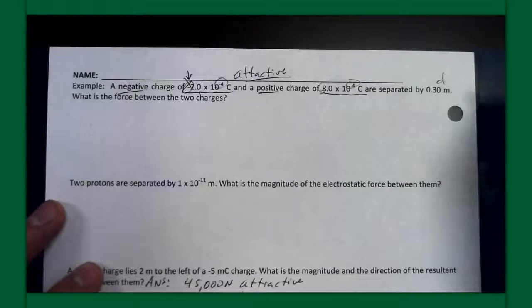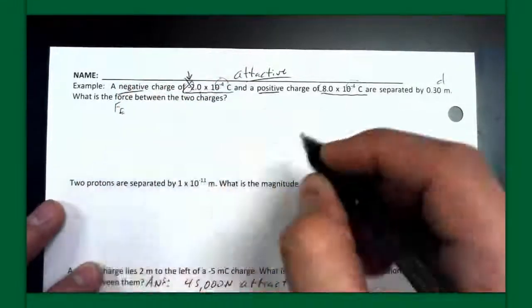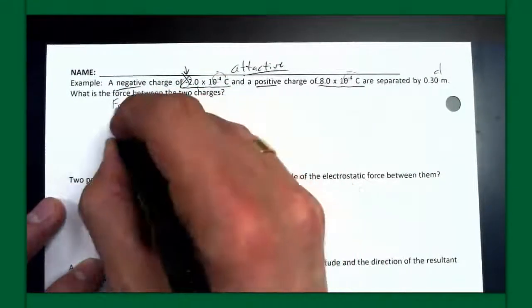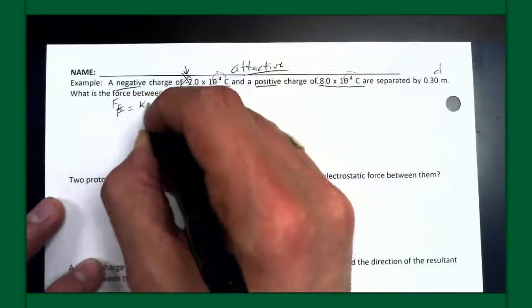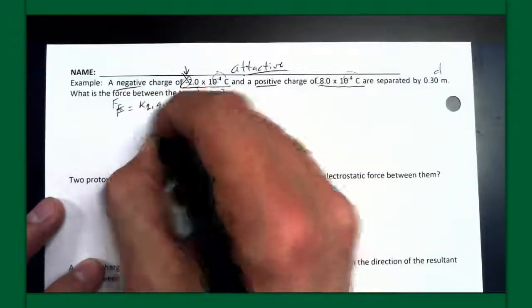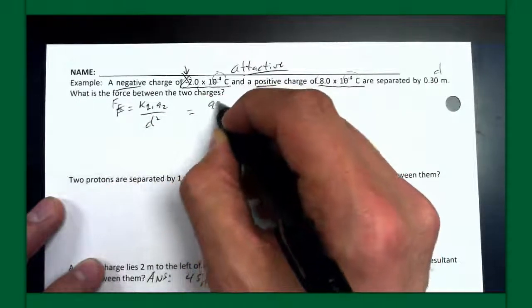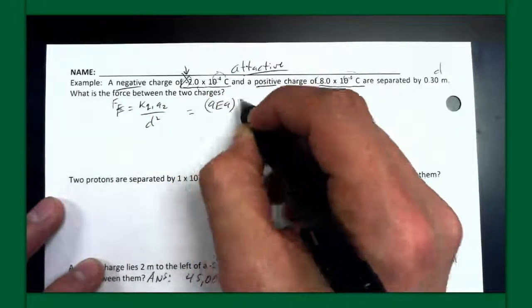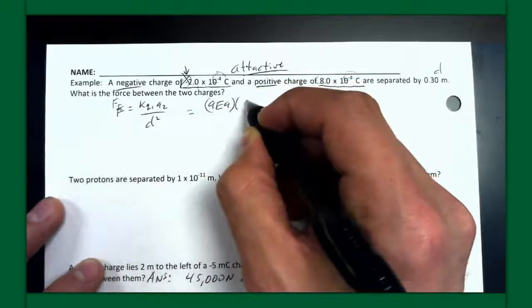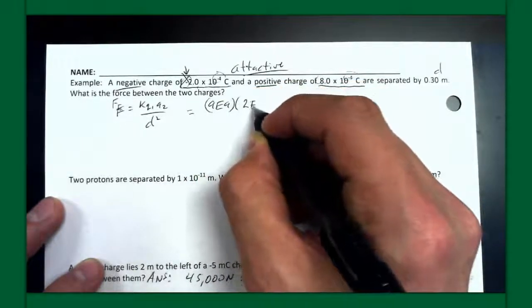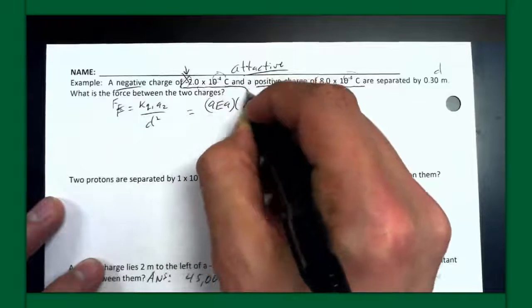This is our distance. They want to know the force, right? So the electrostatic force, this is our equation, K times Q1 times Q2 divided by D squared, right? Let's plug in 9 times 10 to the 9th. Q1 is 2 times 10 to the -4. That came from right there.